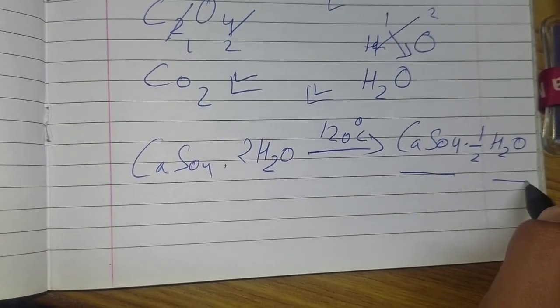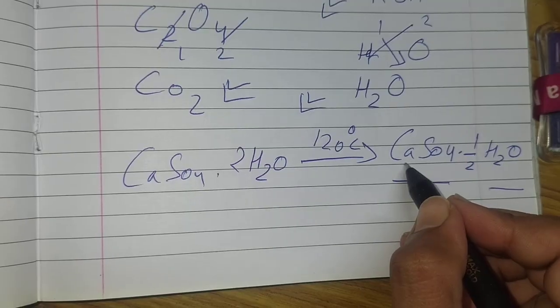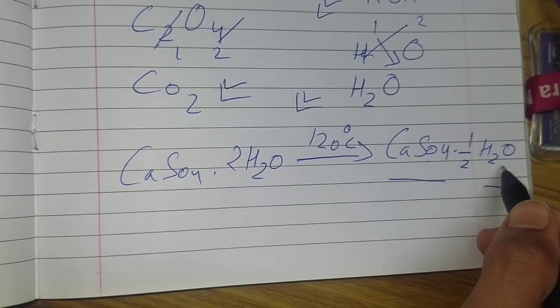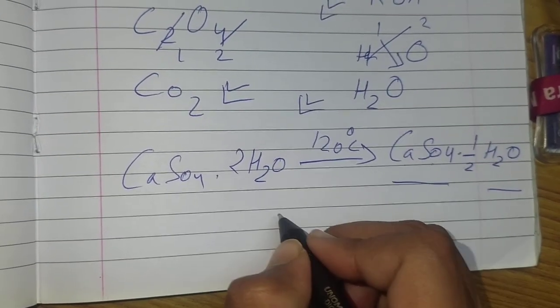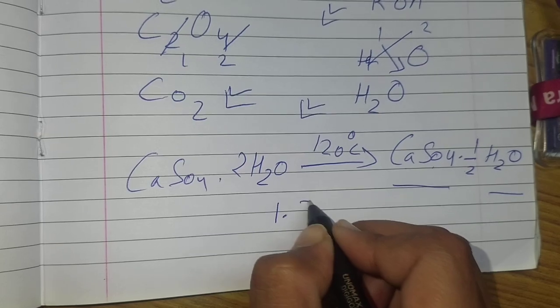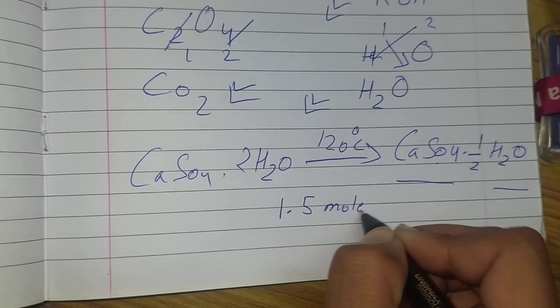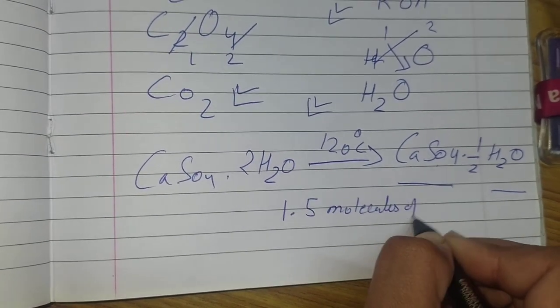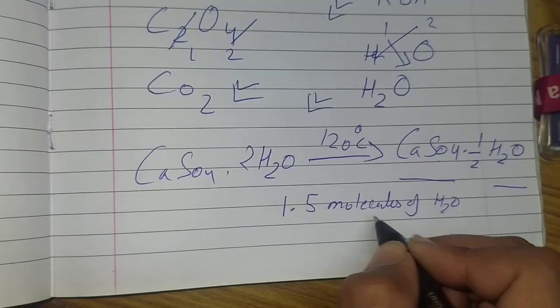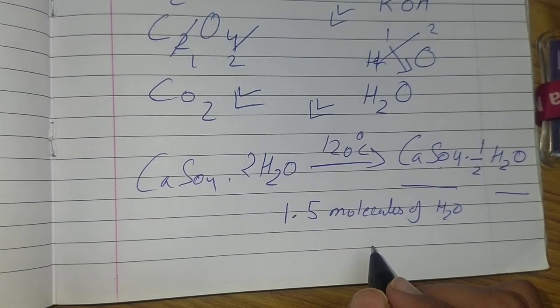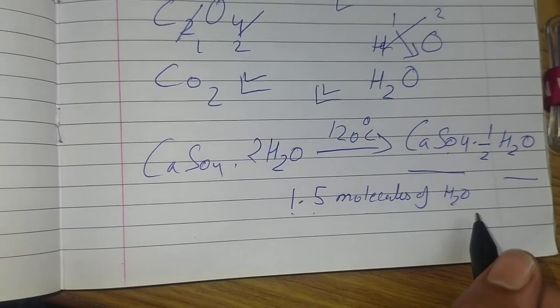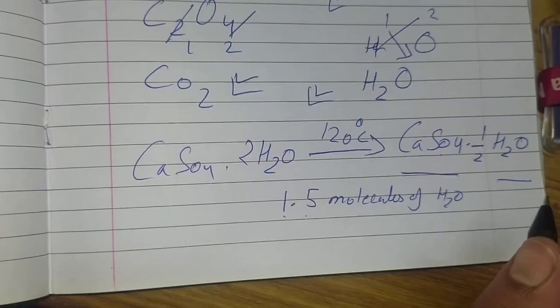So this is what we call calcium sulfate hemihydrate. What is noticed in this equation is that 1.5 molecules of water were lost after heating. If you wrote the correct equation, you will get marks.